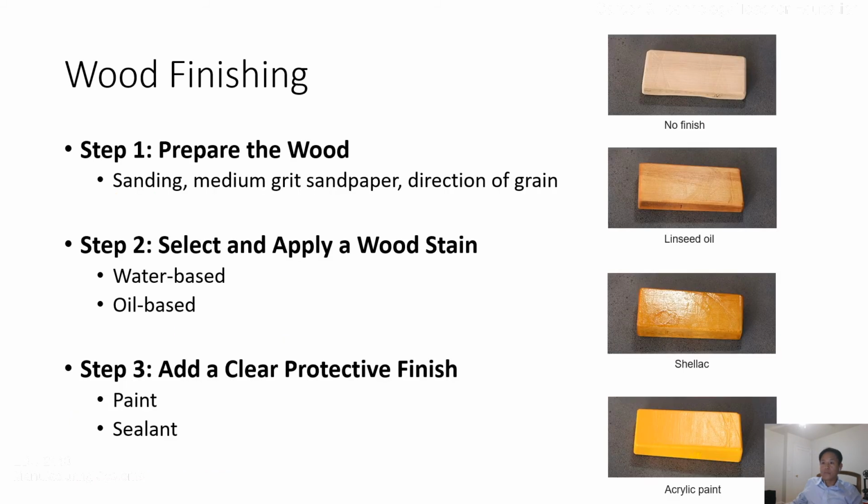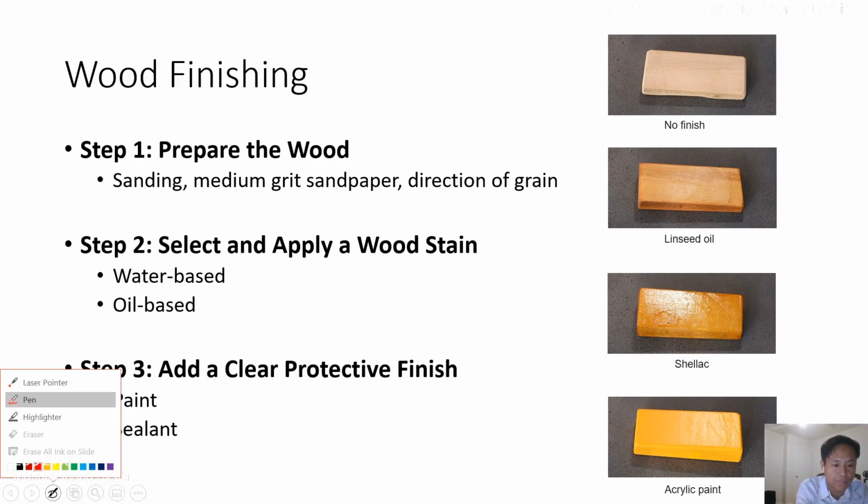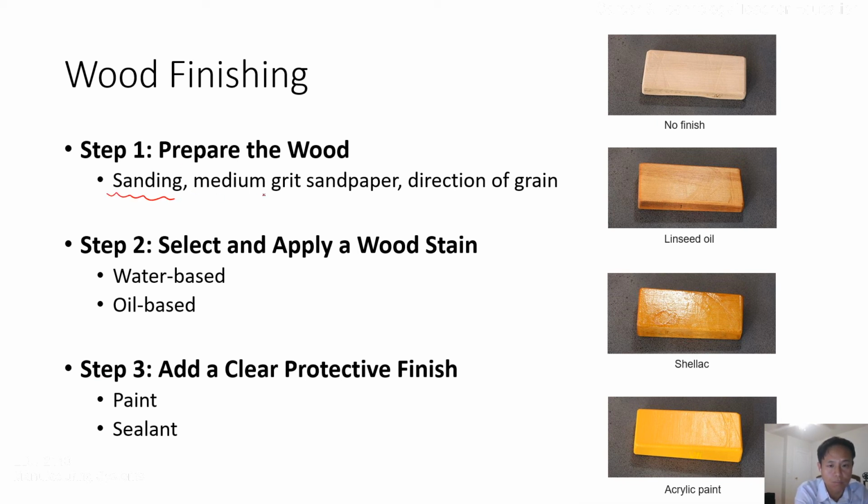Additionally, I prepared one more slide, which is wood finishing. Wood finishing is the same. We prepare the wood. Before finishing, we need to prepare the wood with sanding. In the sanding, we use medium grade sandpaper, such as, for me, I use number 8 grade or 150 grit.